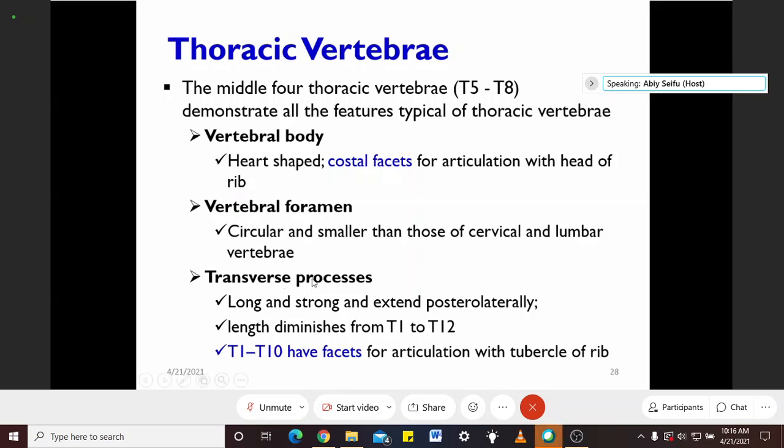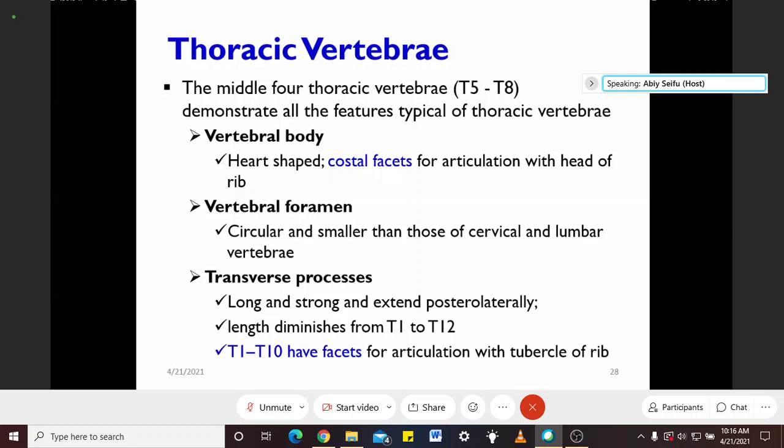Then the transverse process is long and extends posterolaterally, and is used for the attachment of muscles, and it also contains a facet for the articulation of the tubercles of the ribs.